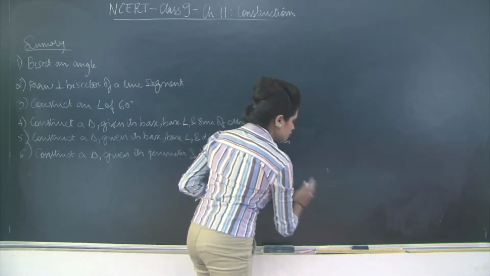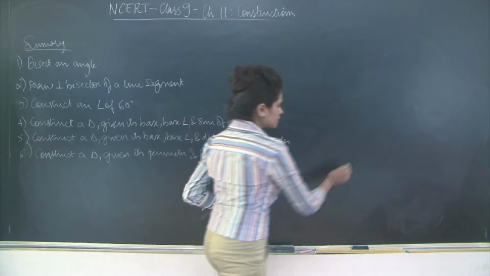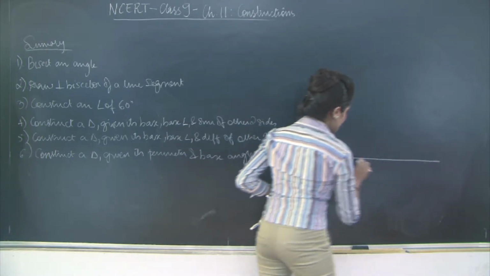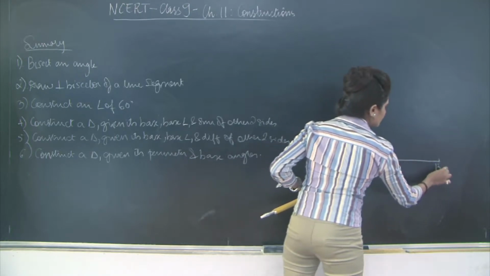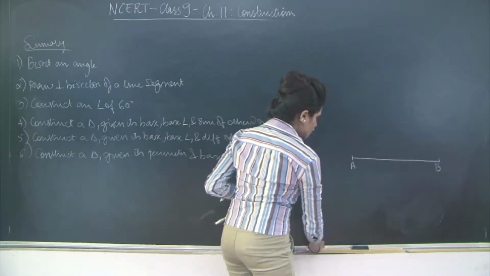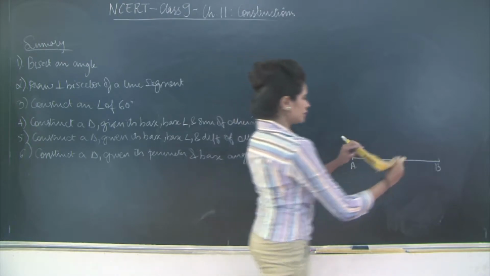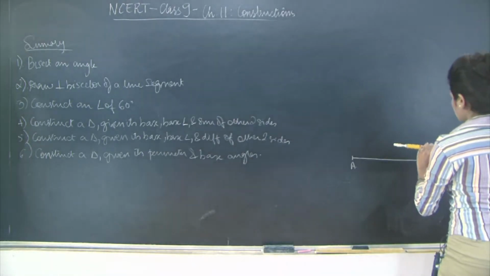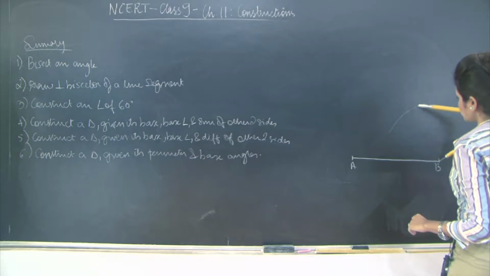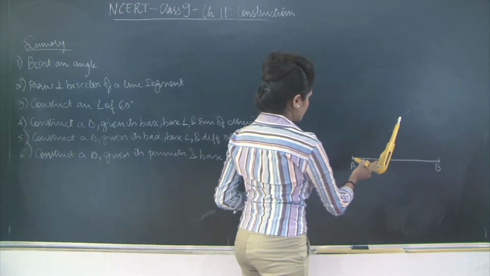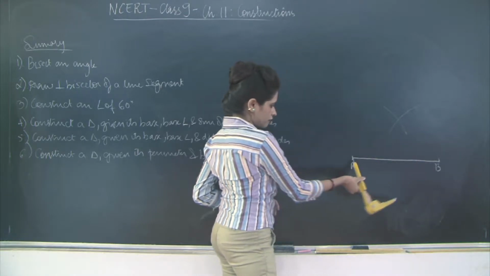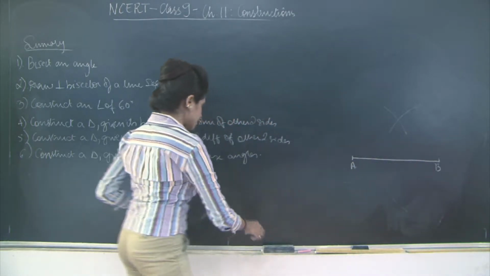So let's see how you draw the perpendicular bisector. Let's say if I have a line segment AB. How do you draw the perpendicular bisector? You're going to take more than half the length of AB and you're going to cut equal arcs with B and A as the center, one at a time. You're going to mark the point of intersection of these arcs.